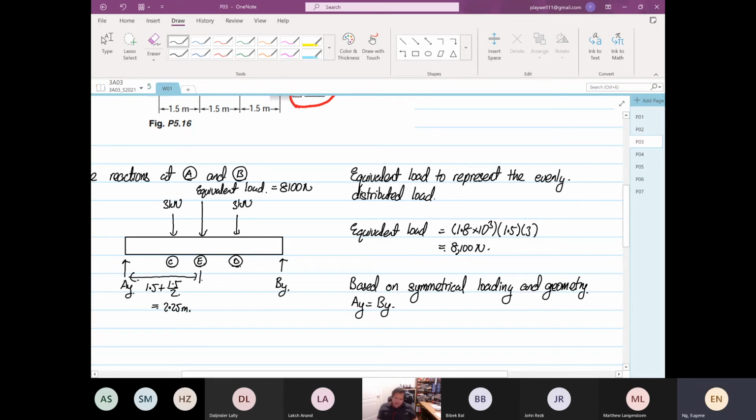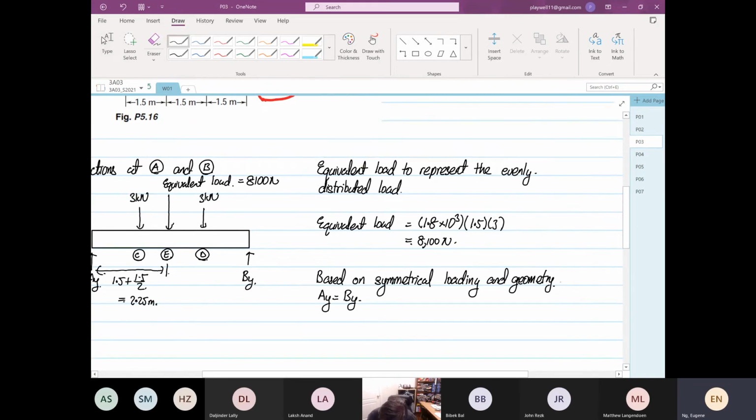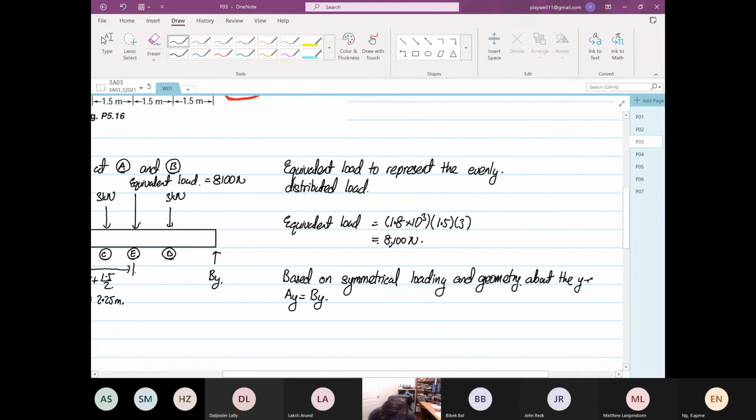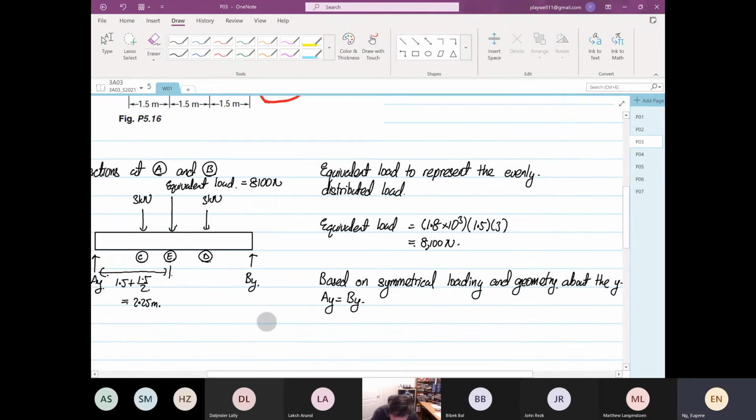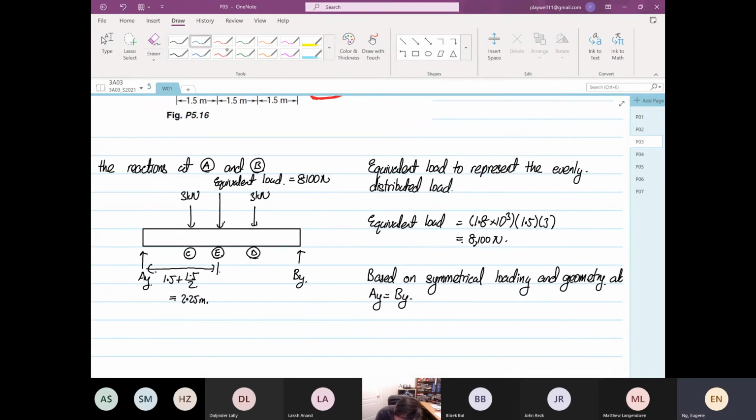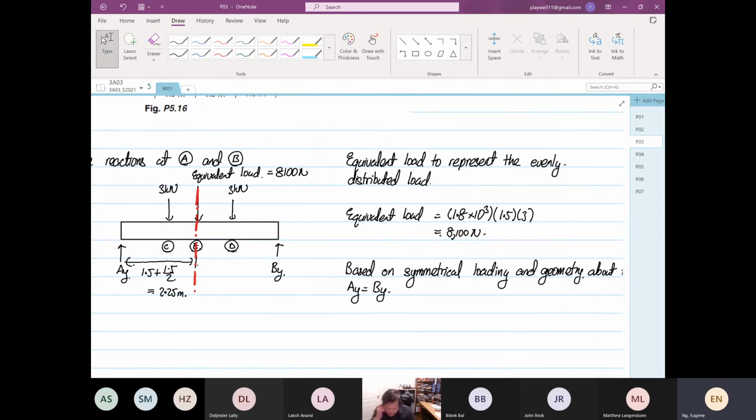This is based on symmetrical loading and geometry about the y-axis. So if we sketch the y-axis over here, left is equal to right. So AY is equal to BY.